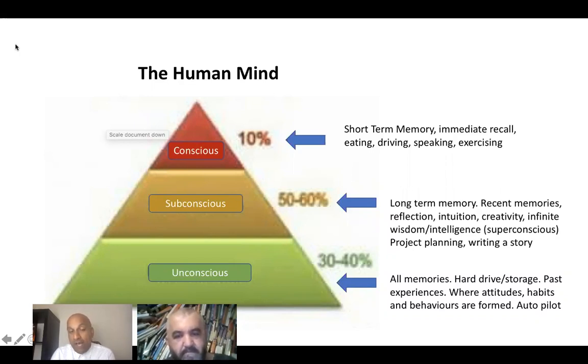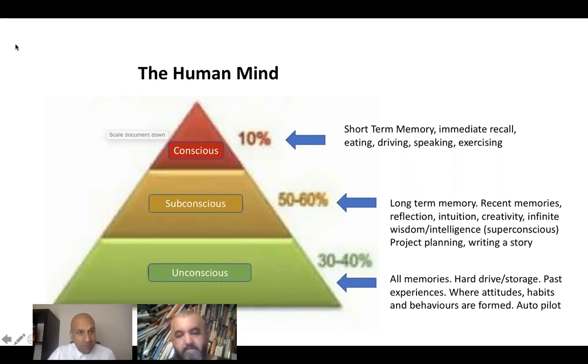Some may say maybe it's 20% conscious, or maybe the unconscious is more along the lines of 50%, or even higher than that. But just for the purpose of this short presentation, I'll put the conscious mind as 10%, which is the smallest proportion of the entire mind. Then we've got the subconscious, and then the unconscious mind right at the bottom.